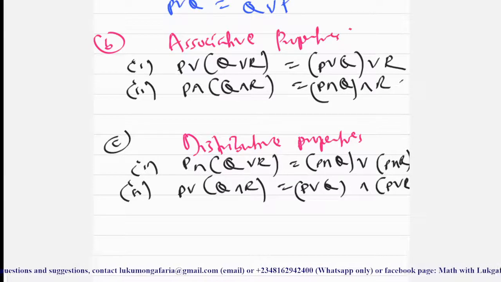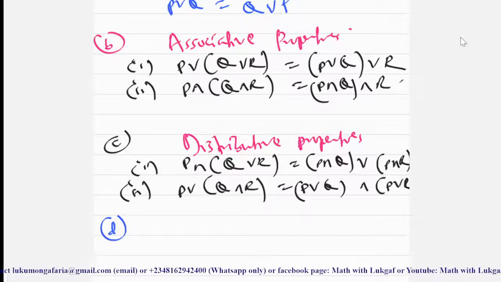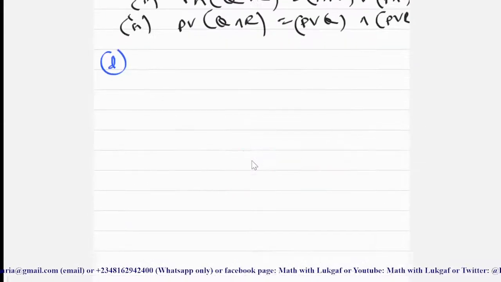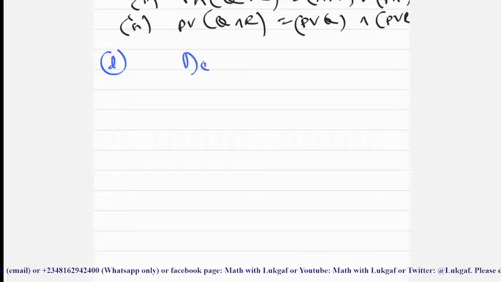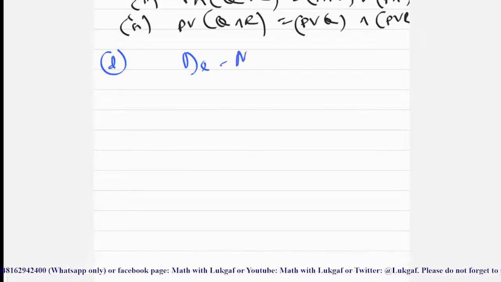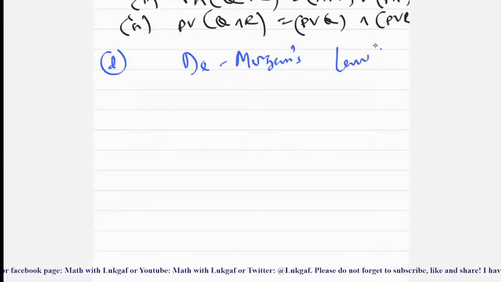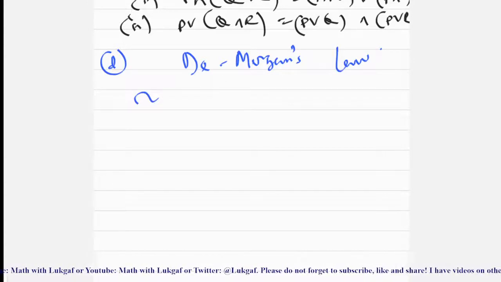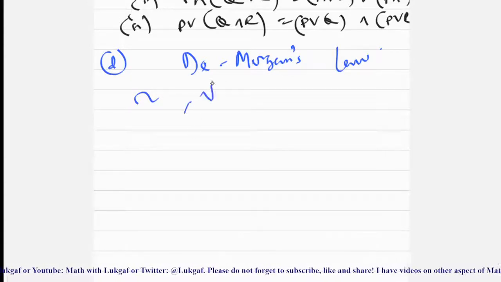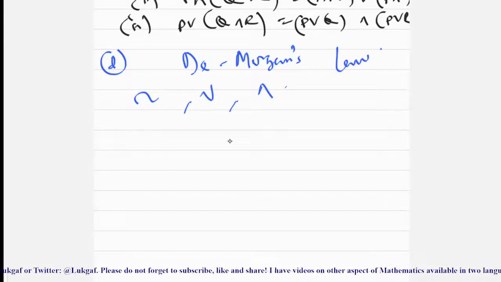The next one is De Morgan's law. De Morgan's law connects your negation, your conjunction and your disjunction together.